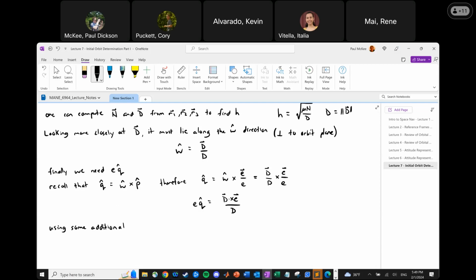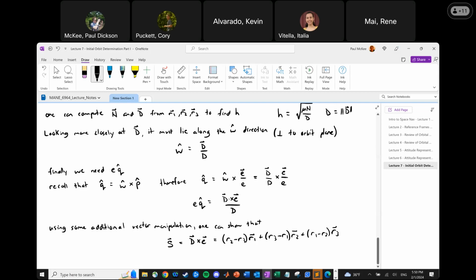Using some additional vector manipulation, one can show that there is something which we will call S, which is equal to D crossed with E, and that's equal to (R2 minus R3) R1 plus (R3 minus R1) R2 plus (R1 minus R2) R3.